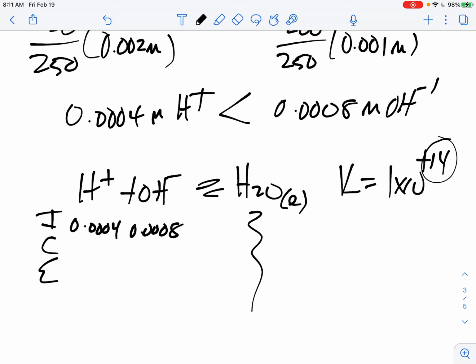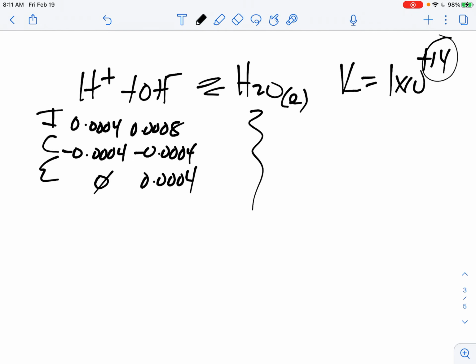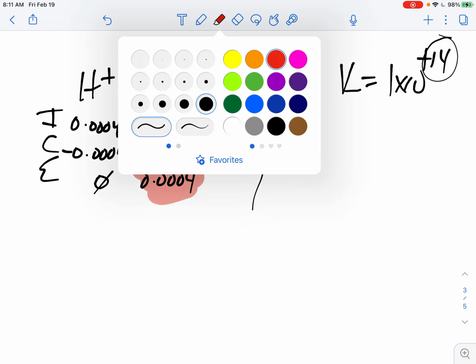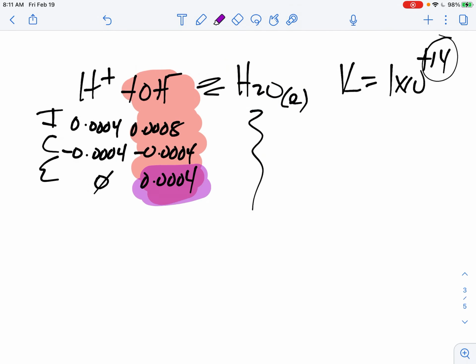So how far can this go? Well, the limiting reagent here is your acid that we talked about before. So the best that I can go is 0.0004 to be left with none, and then 0.0004 here, because I have OH that is still remaining, and I'll put it here in the purple. Then what I can do is take the negative log of that to get the pOH.